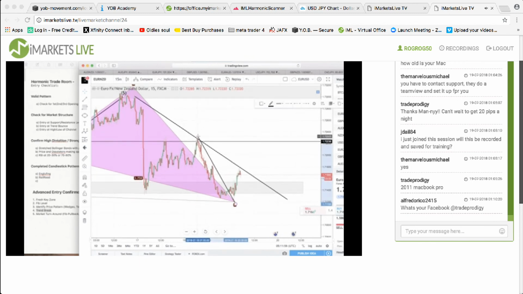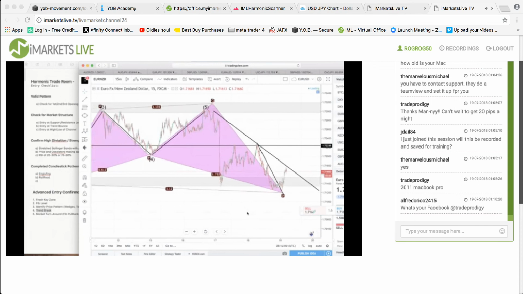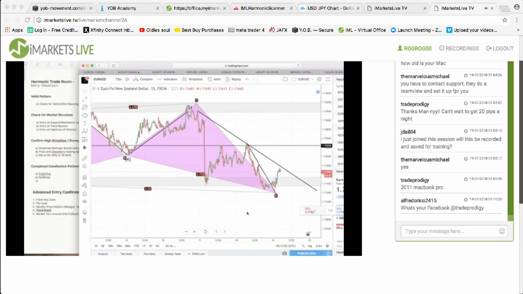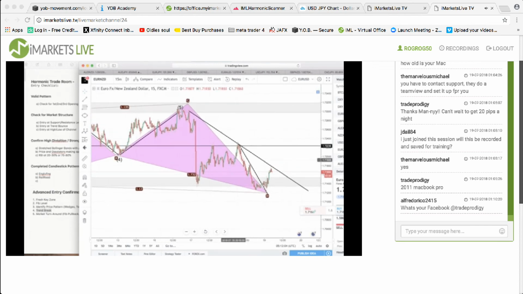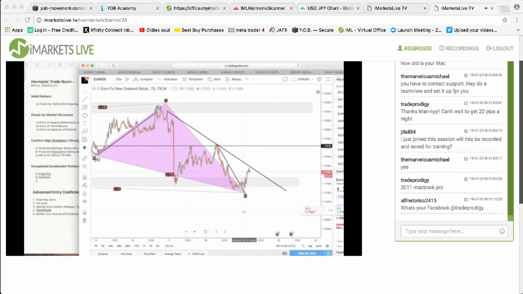So every time you guys see harmonic patterns, what are they? They're reversal patterns. When the market is reversing, what do you need to see? You need to see the market breaking the trend. You need to see the market turn around, and that's what we want to see. When the market is coming back down, we're not in a rush.